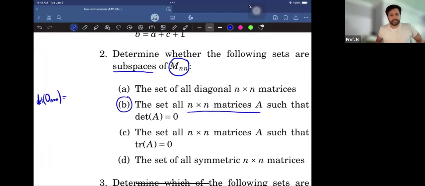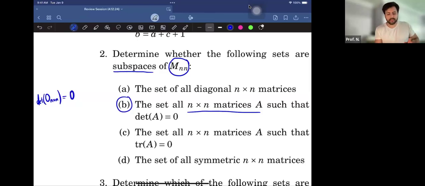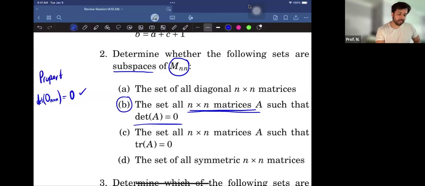Well, isn't it zero? Right? So is the zero matrix in this set that has a determinant equal to 0? Yes. It satisfies that first property of being a subspace, right?